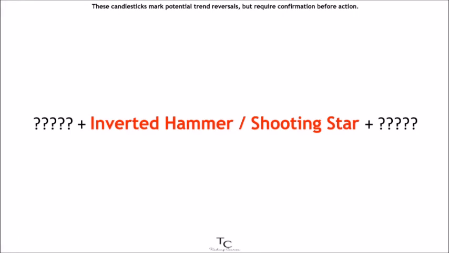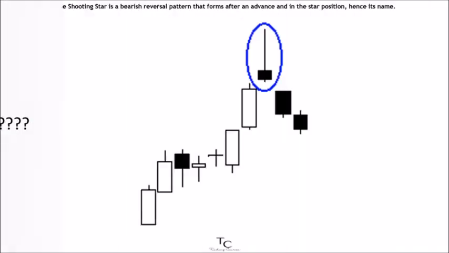These candlesticks mark potential trend reversals, but require confirmation before action. The shooting star is a bearish reversal pattern that forms after an advance and in the star position. Hence its name. A shooting star can mark a potential trend reversal or resistance level.